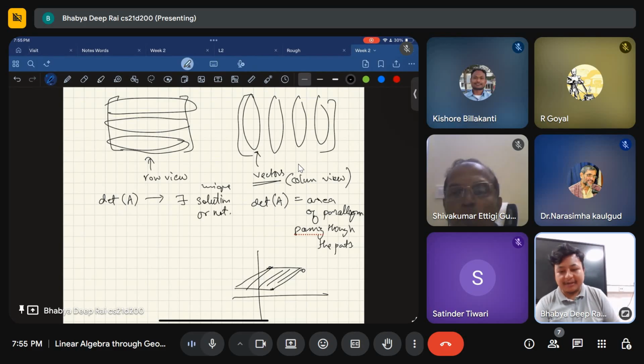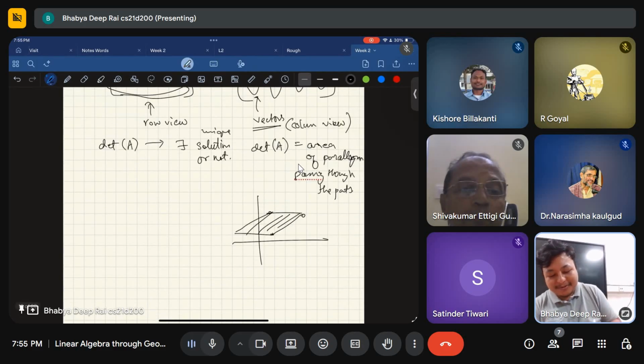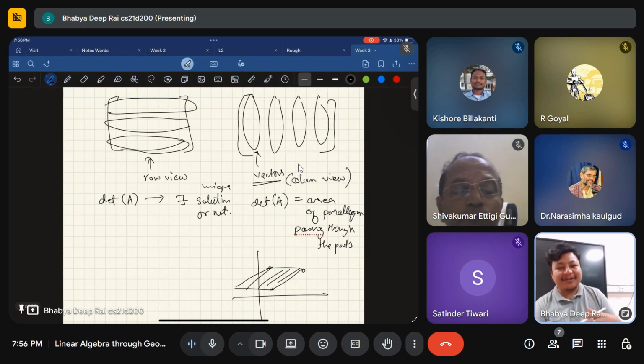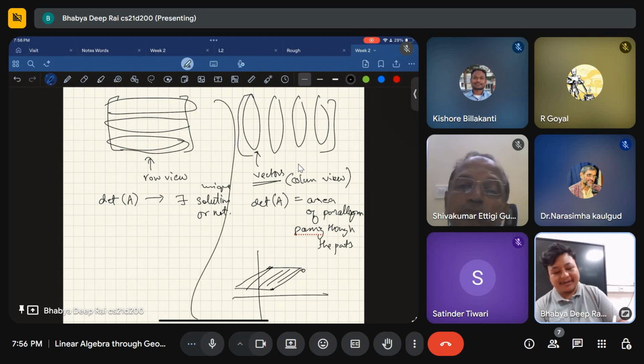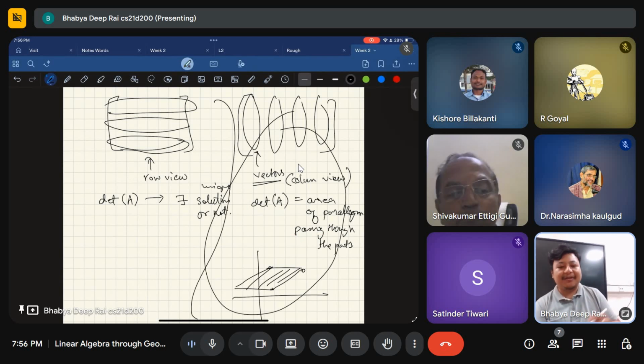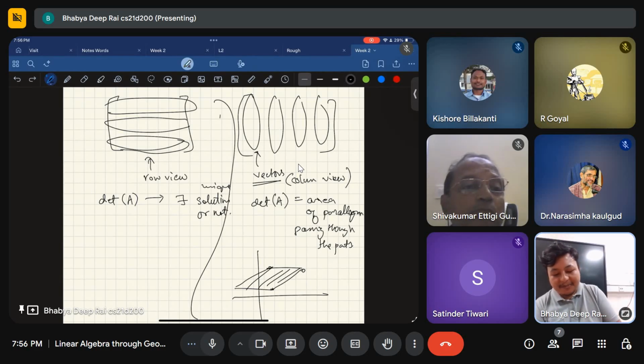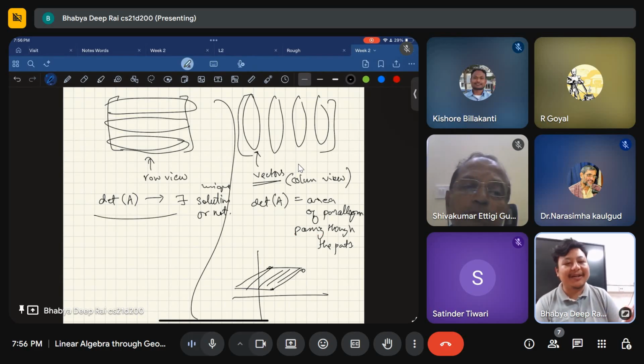So with the current knowledge, this is all I can tell you geometrically about the determinant. Next week we'll see a very nice characterization if you interpret it as vectors, but if you interpret it as rows, a system of equations, this is all I can tell you.